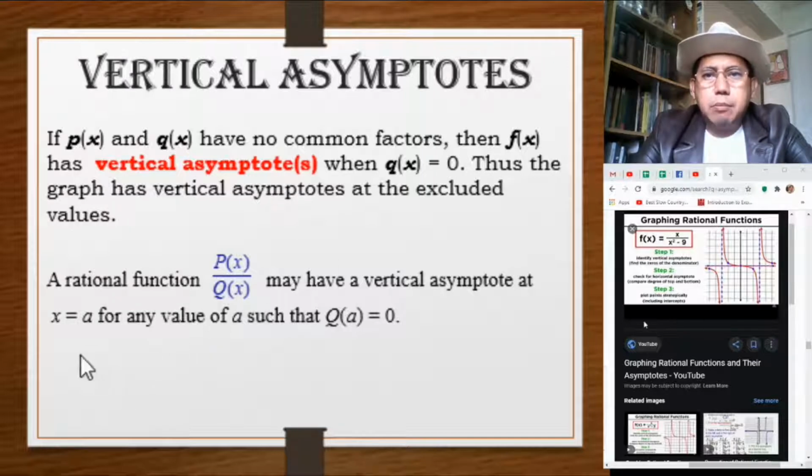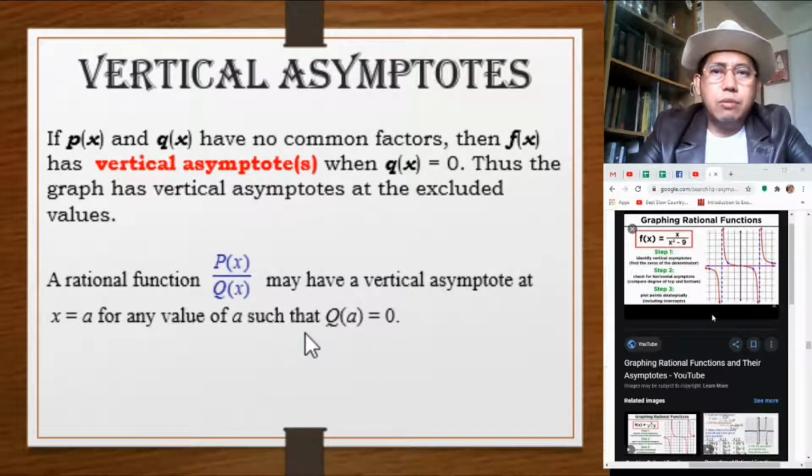Why? Because a here is actually the restriction of the rational function. This a will make the denominator of the rational function equal to 0. And as we have said, a rational function should not have a denominator of 0.